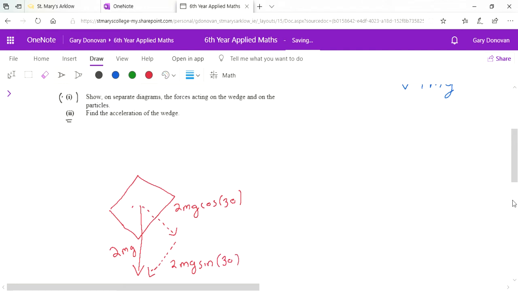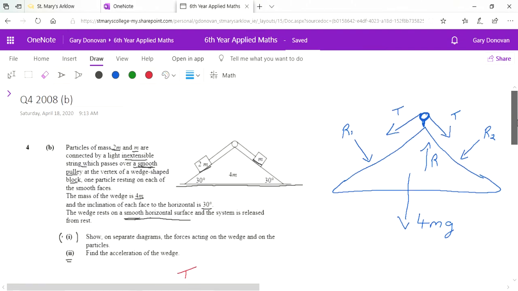It's being pulled up in this direction by the string, so we have tension. And there's also going to be a reaction force. Now here's the key bit that's new, I suppose. We're going to call this reaction force R1, and that reaction force R1 is the same as the R1 acting on the wedge. They're the same force, they're the same size.